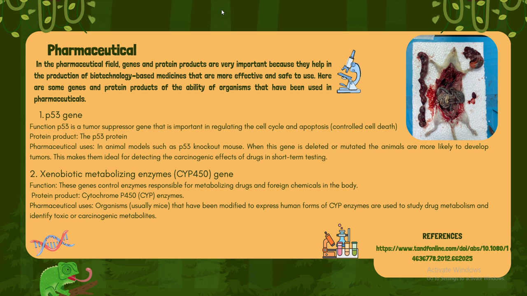Pharmaceutical uses: animal models such as the P53 knockout mouse. When this gene is deleted or mutated, the animals are more likely to develop tumors. This makes them ideal for detecting the carcinogenic effect of drugs in short-term testing.